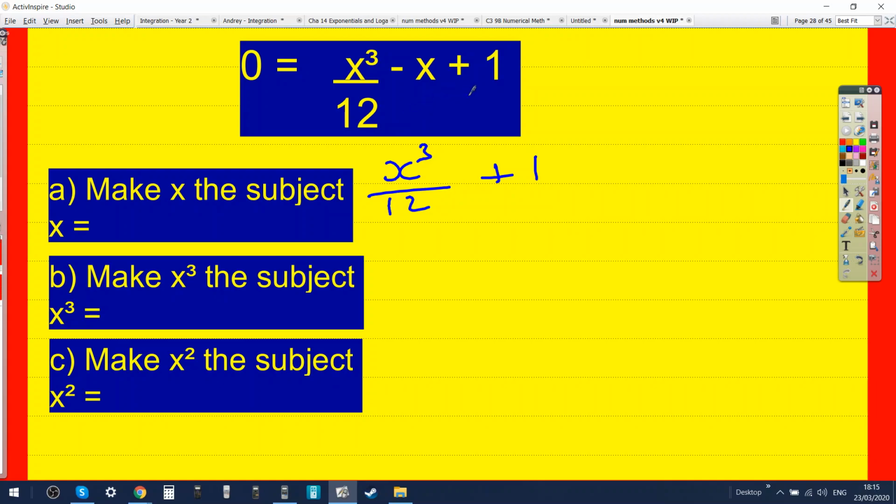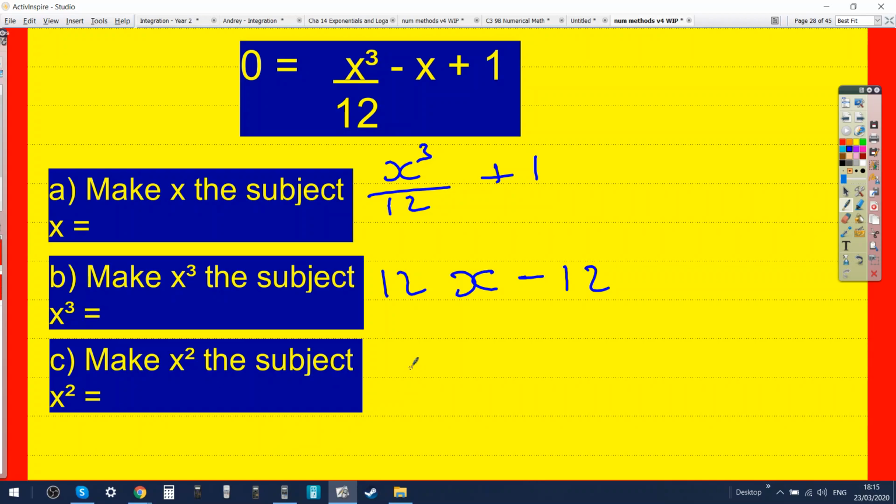Let me do this again. So you bring over the minus x and the 1, multiply it by 12. So 12x minus 12. I see what you're saying. Sorry, I was thinking of it as a bracket. Okay. So 12x minus 12 equals x cubed. How could you make it x squared instead of x cubed?